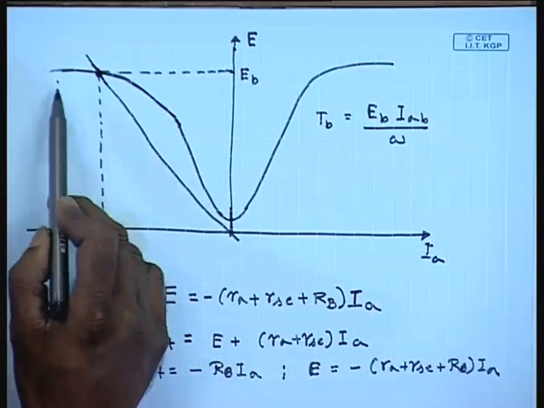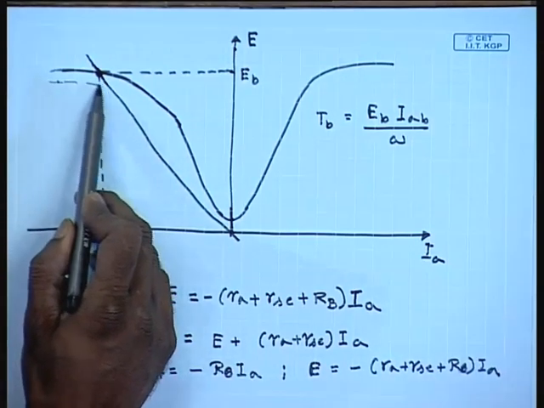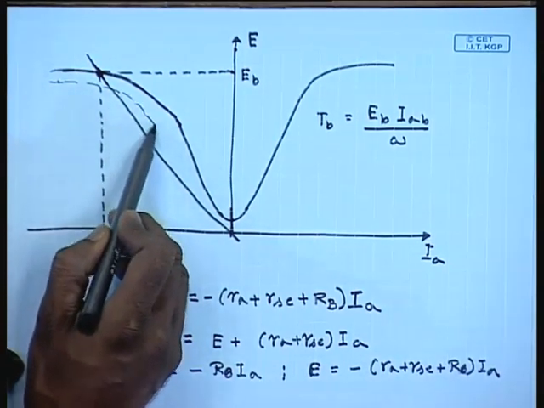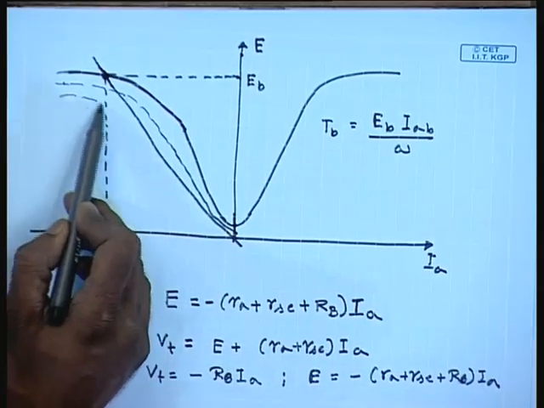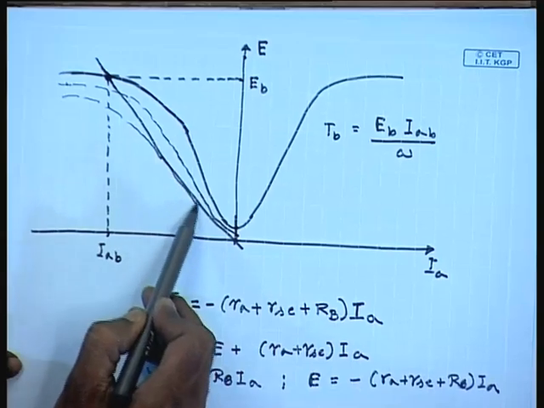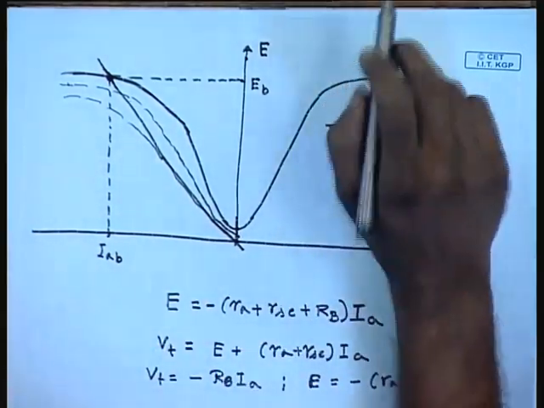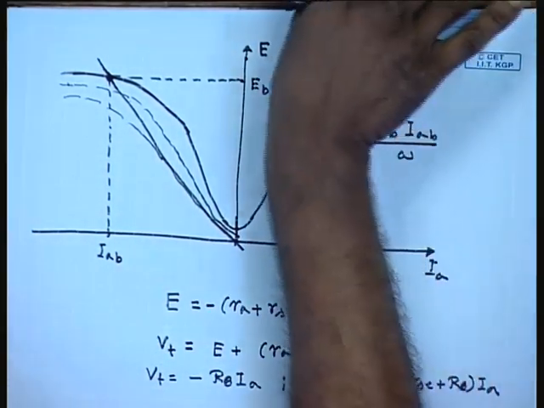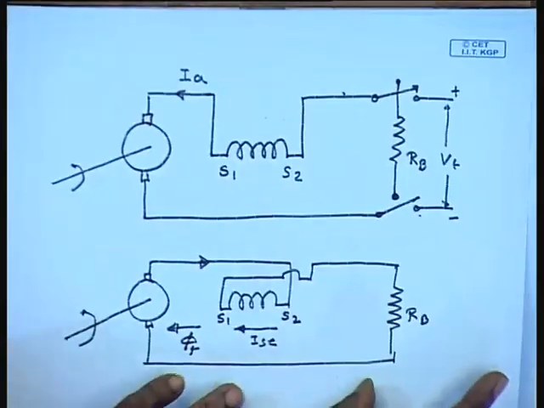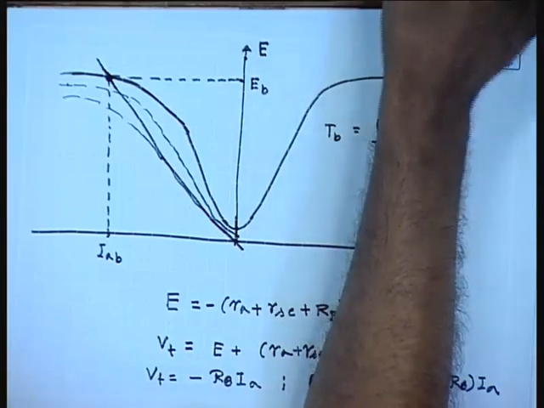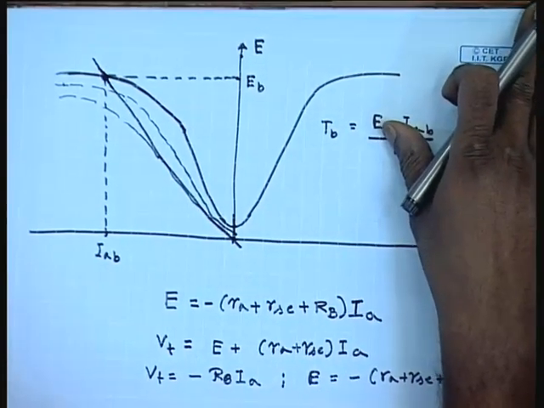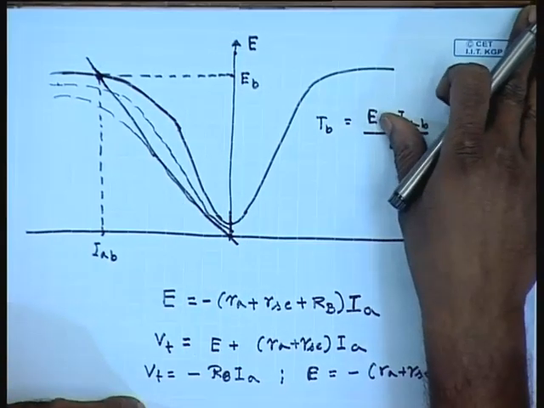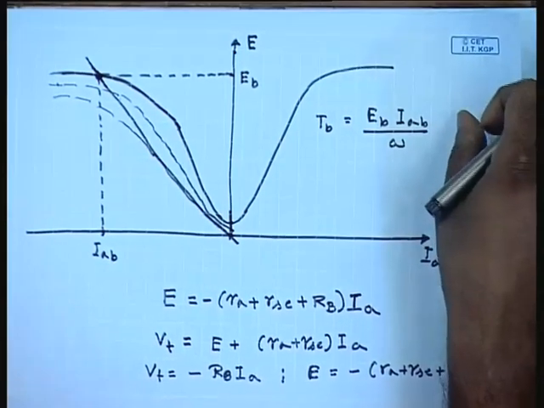So, as the machine speed goes down, the OCC will also decrease, and at some time it will become tangent to the load line. If the braking resistance remains the same, then after some speed the self excited series generator will fail to excite, and hence the braking torque will also reduce drastically.